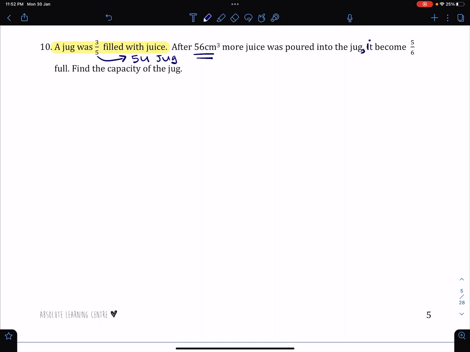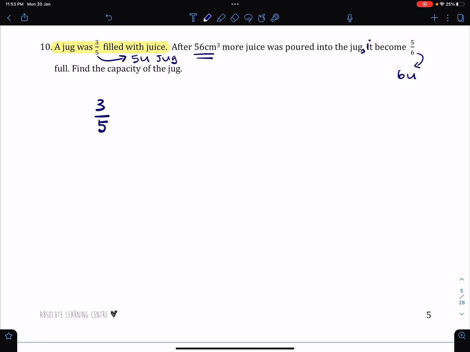Now, this is where it gets a little bit complicated because initially you said you've got 5 units in total, but now you're saying your jug becomes 6 units. So you have to understand that it is still the same jug.